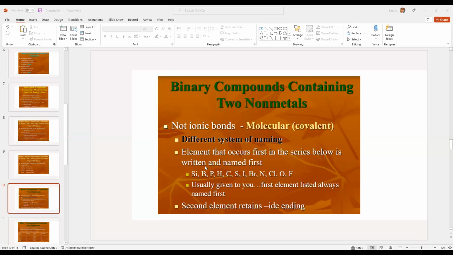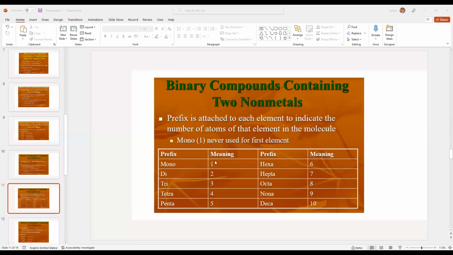Then you begin naming the first one, and then the second one ends in "ide." But it's also important that the number of atoms that is reflected as the subscript is used as a prefix.